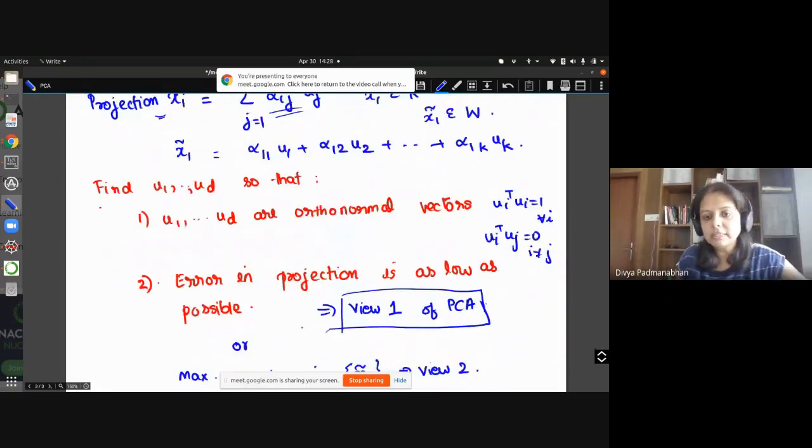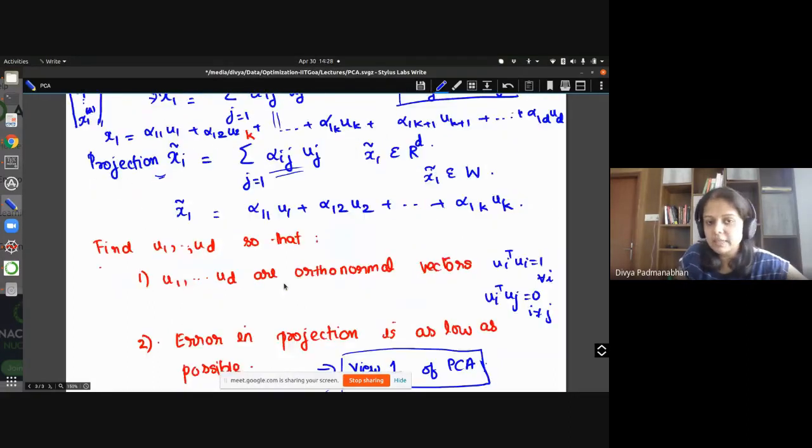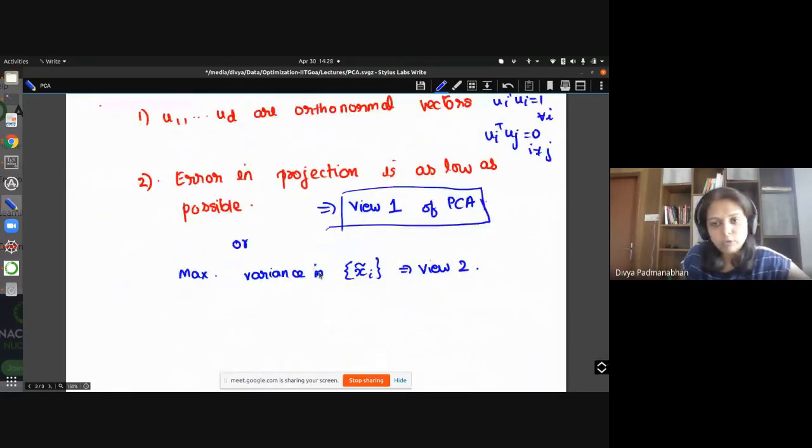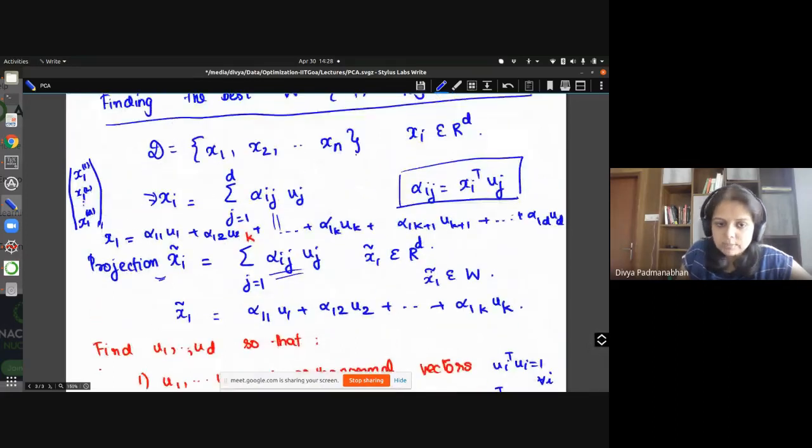What we'll do now is find these u1 to ud. We'll take this view: you want to minimize the error in the projection, so we'll formulate this as an optimization problem. For each of the n points, xi was the original point and this is the new point, xi tilde. The difference between the two is the error.